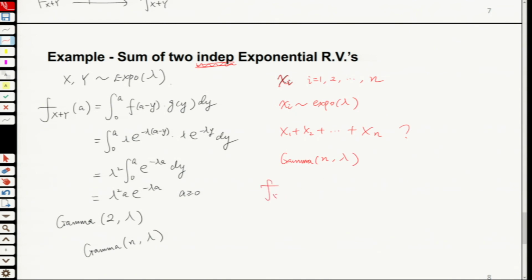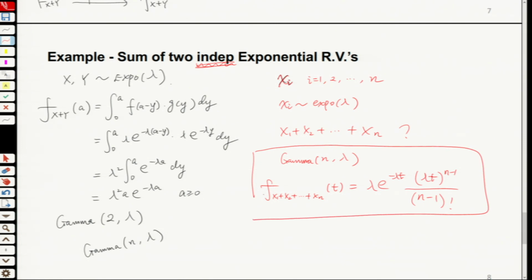The density of X_1 plus X_2 up to X_n at t equals lambda e^(minus lambda t) times (lambda t)^(n minus 1) divided by (n minus 1) factorial. This is the gamma n lambda distribution.